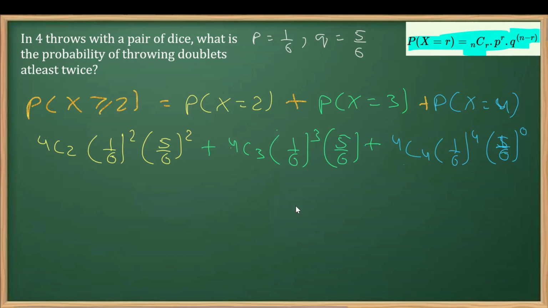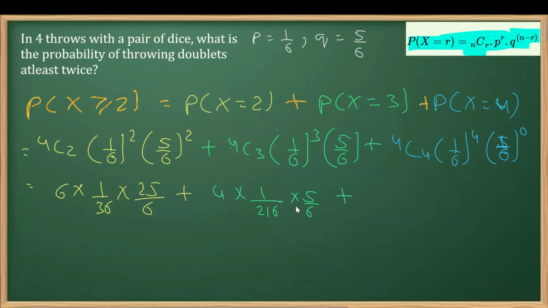Now the rest is calculation only. So 4C2 is 6, and this is 1 over 36, and this is 25 over 36. Plus we have 4C3, which is 4 only. Then we can see that this is 6 raised to the power 3, that is 1 over 216 into 5 over 6.